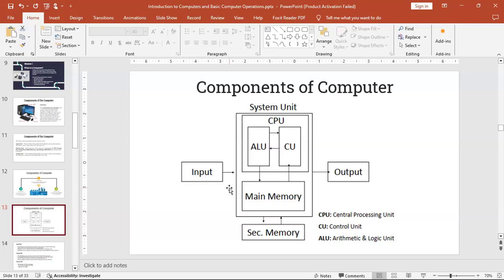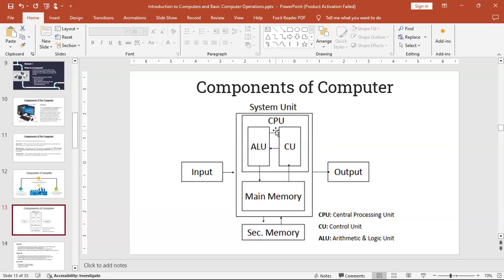Okay, so now look at this diagram, please. You are going to see some more technical terms here. We have the input unit, we have the system unit. The system unit is divided into two main parts: the CPU, known as the central processing unit, and the main memory.